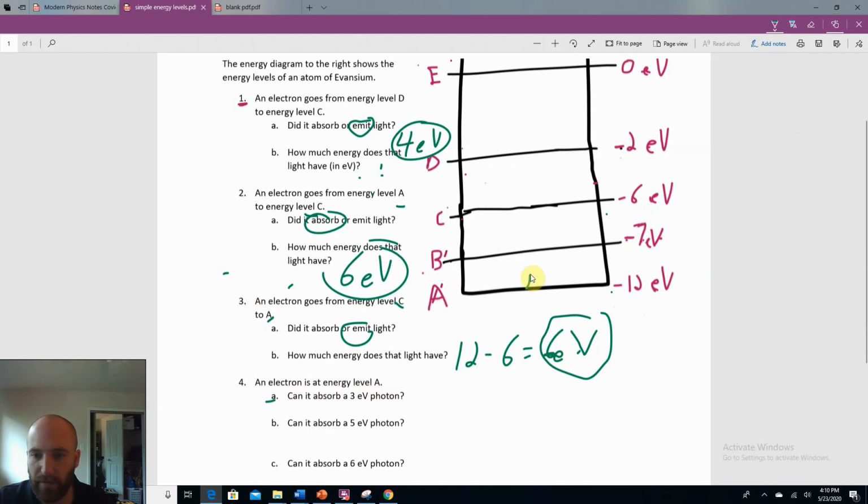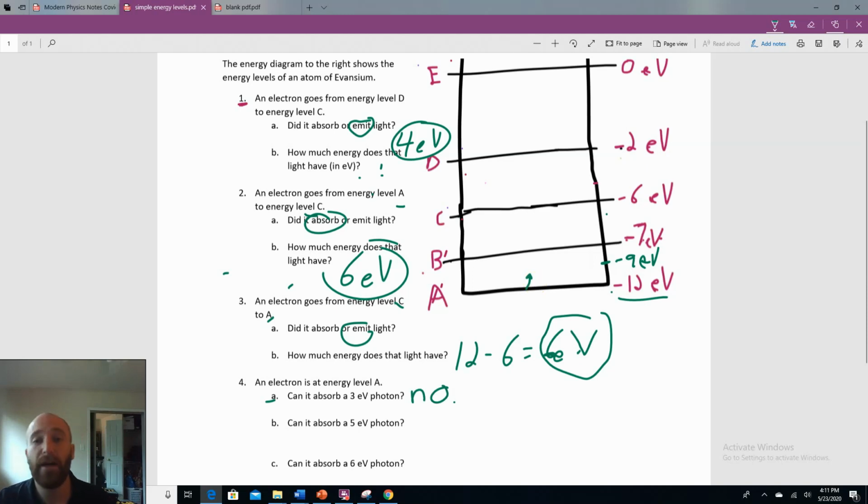If we absorbed 3, where would we be? We're at -12, we go higher by 3. I think that would put us at -9, right? -9 would be like here-ish, -9 eV. Is there an energy level there at -9? I would say that no, there's not. And so can it absorb this 3 electron volt photon?